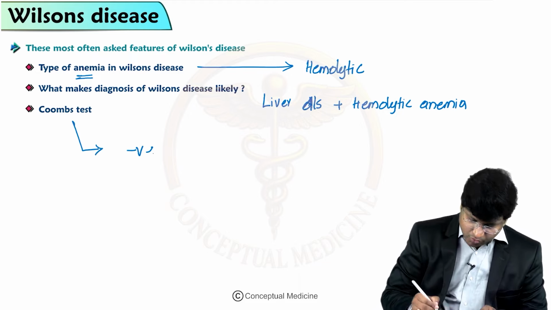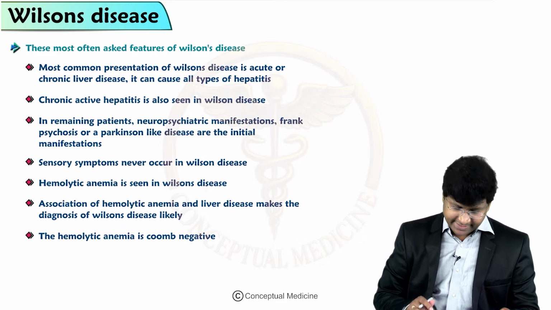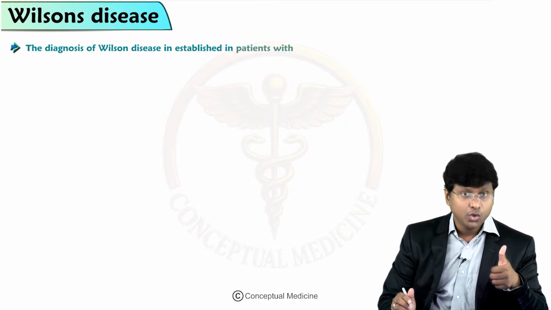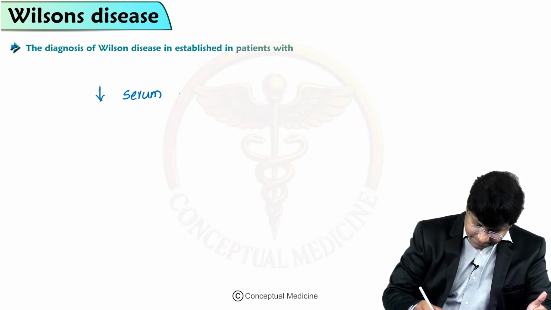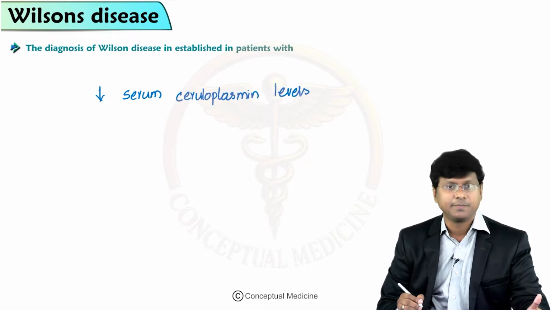It is the Coombs negative hemolytic anemia, right. So the diagnosis of Wilson's is established in patients with low serum ceruloplasmin levels. Right, low serum ceruloplasmin levels.